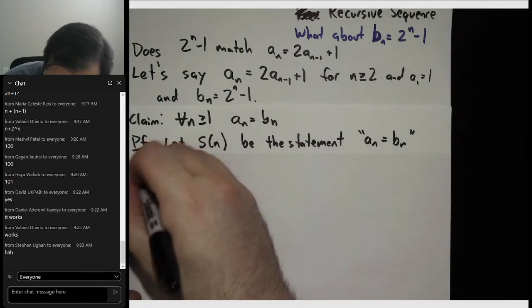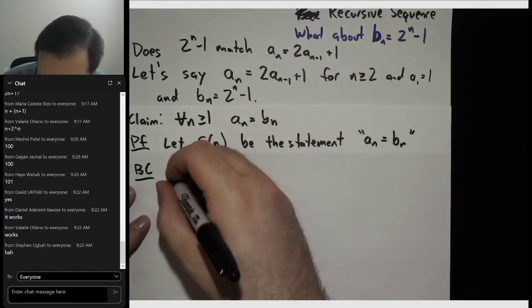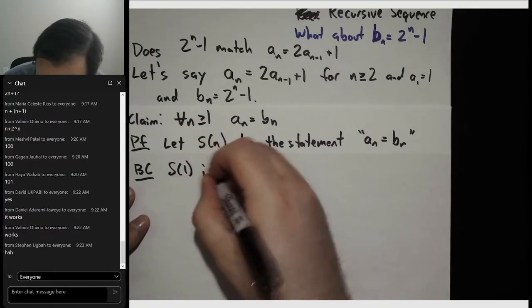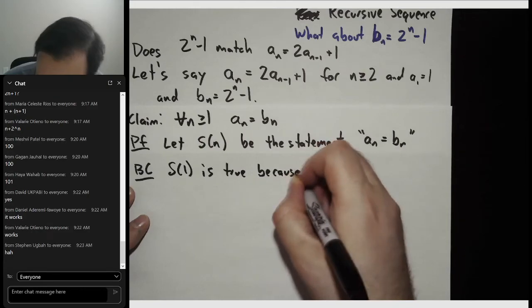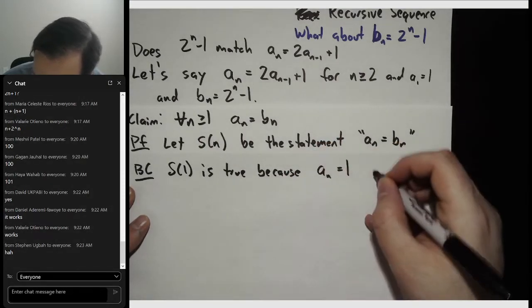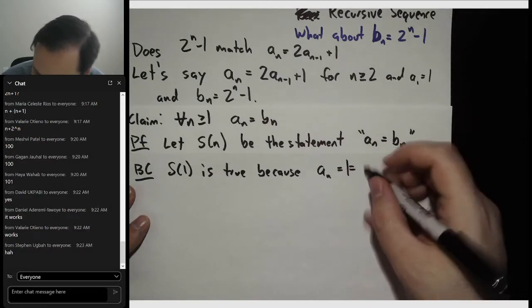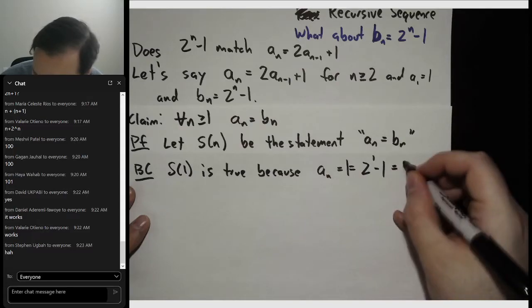Let me do a base case. S of 1 is true because a sub 1 is equal to 1, and 1 is equal to 2 to the 1 minus 1, which is equal to b sub 1.